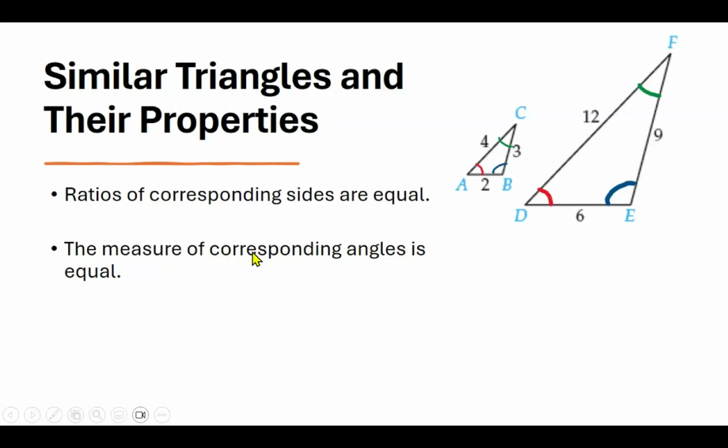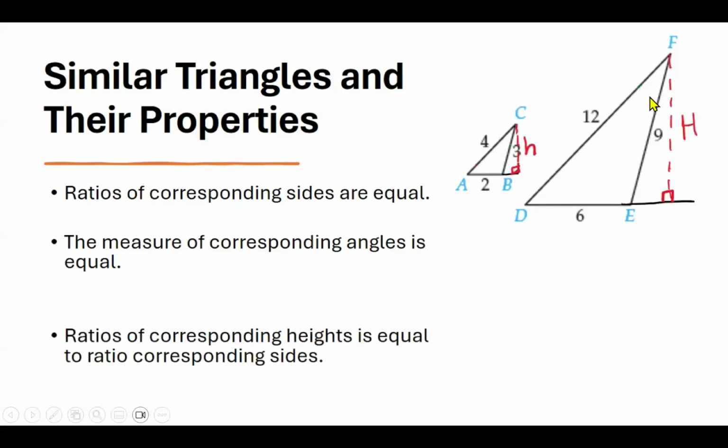That's actually how we prove that two triangles are similar: we check that the corresponding angles are equal. When we say all of the angles are equal, I mean angle A corresponds to angle D, angle B corresponds to angle E, and angle C corresponds to angle F.